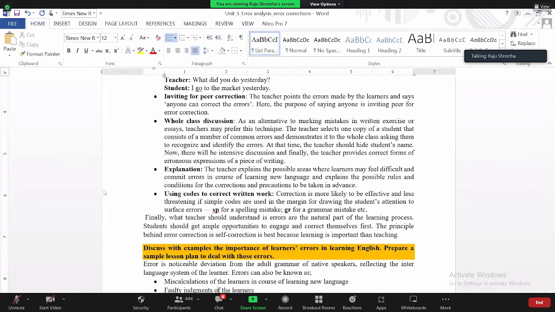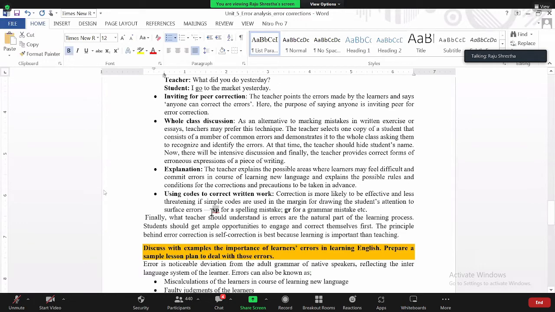Using codes to correct written work. When we check students' written work, of course there might be spelling mistakes, subject verb agreement mistakes, tense problems, preposition, article, some kind of problems might be there. Then we provide the codes.